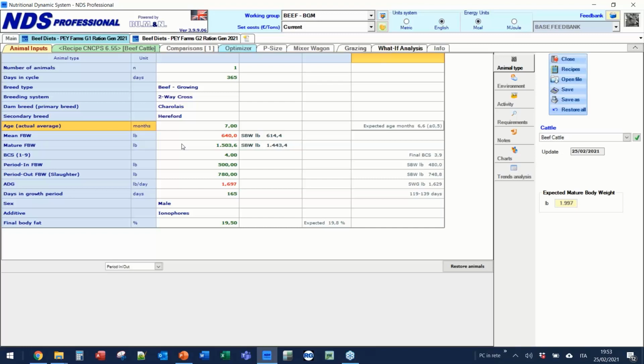It is a critical input, but we cannot measure the mature body weight like we can do for dairy.